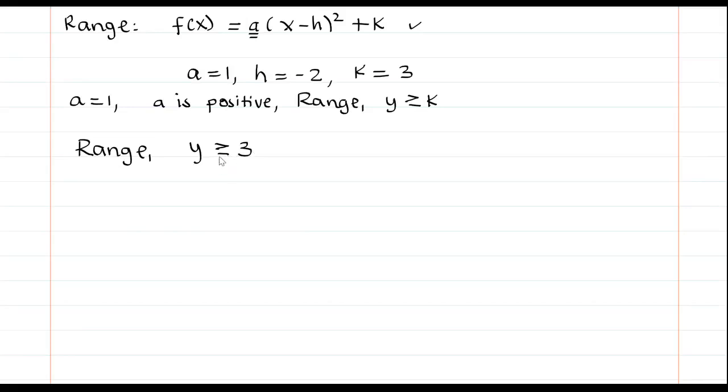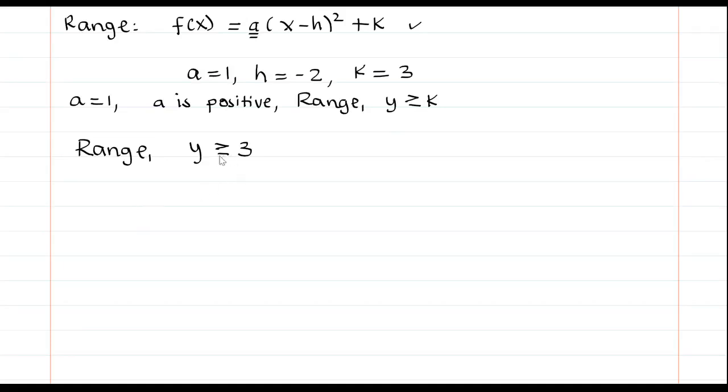And if a is positive, it means our curve has a minimum turning point. But I will not go into that analysis for now. What is very important is identifying k, identifying a, telling whether it is positive or negative, and then you state the range accordingly.